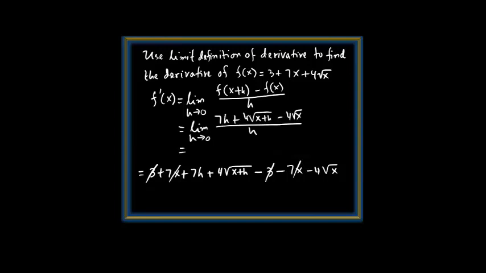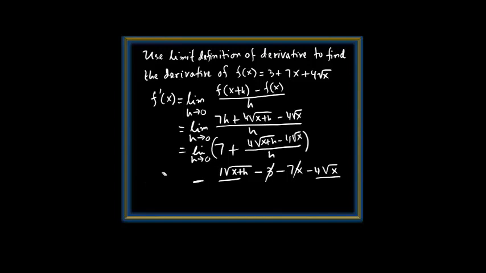Just double check: I have this 7h, then I have this term and this term, the rest cancelled out. So we write it in here, and further simplification will give me the limit as h approaches 0 of 7h over h, which gives me just 7, plus 4 square root of x plus h minus 4 square root of x over h.